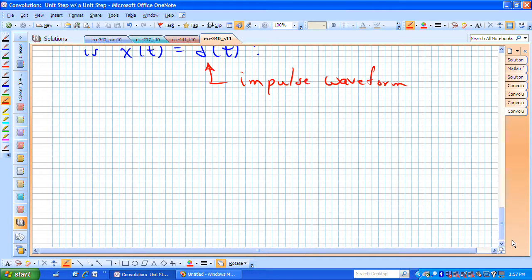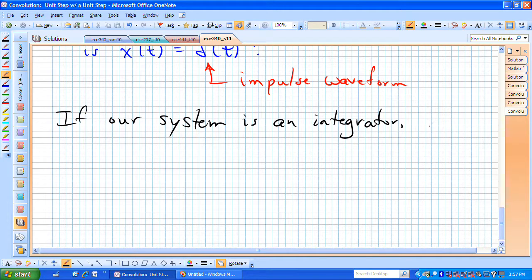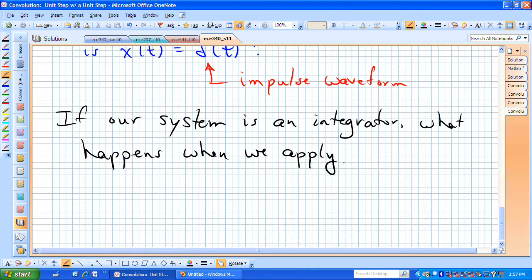So let's look at what we have here. If our system is an integrator, what happens when we actually apply an impulse waveform to an integrator?